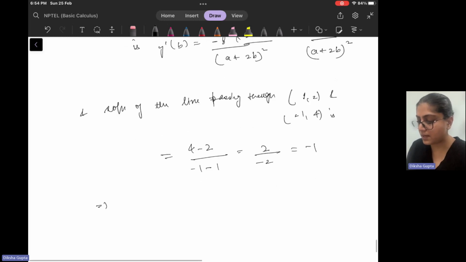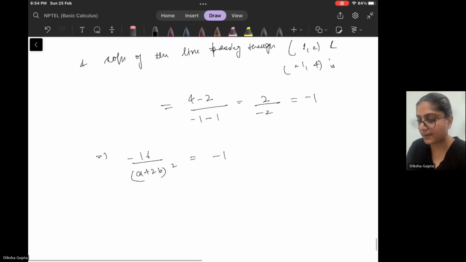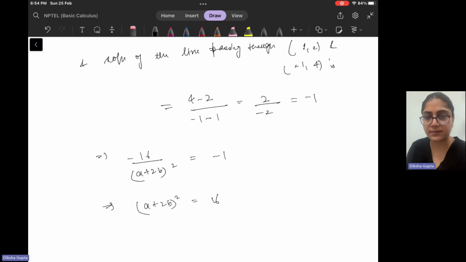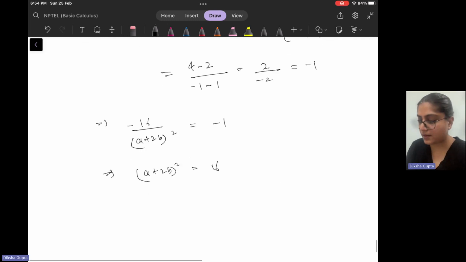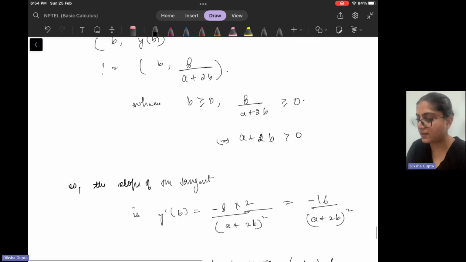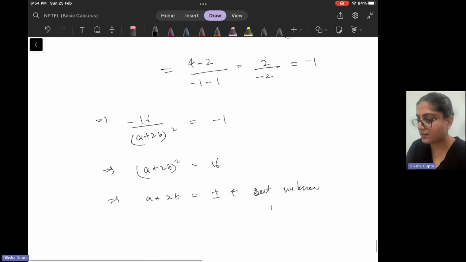Both these slopes have to be the same, equals minus 1, right? So a plus 2b whole square equals 16, which implies a plus 2b equals plus or minus 4. But we have established that a plus 2b is greater than 0, so a plus 2b is 4.